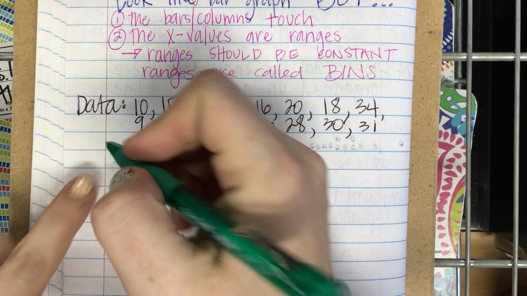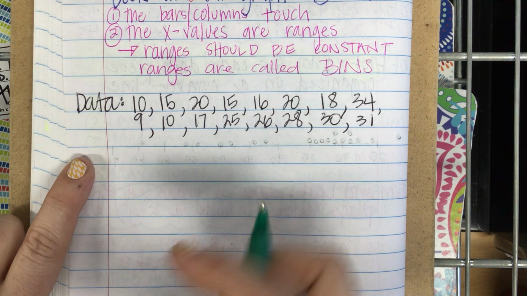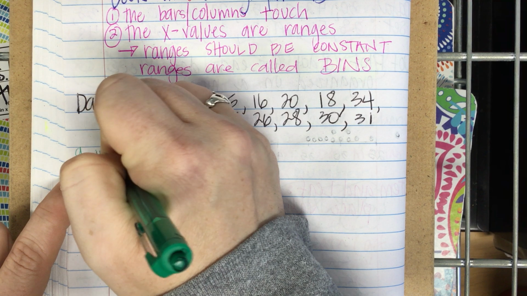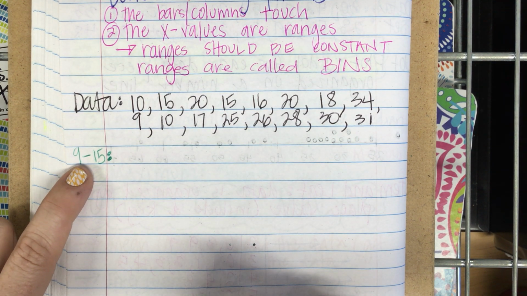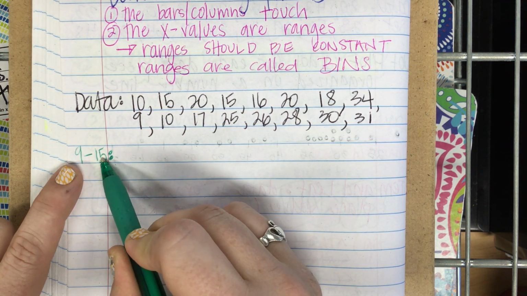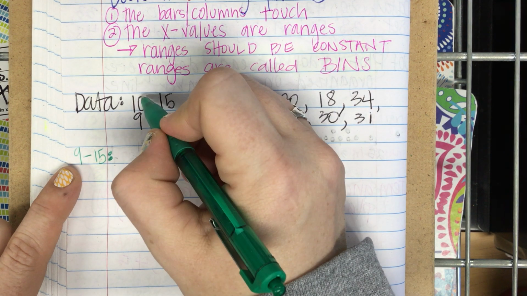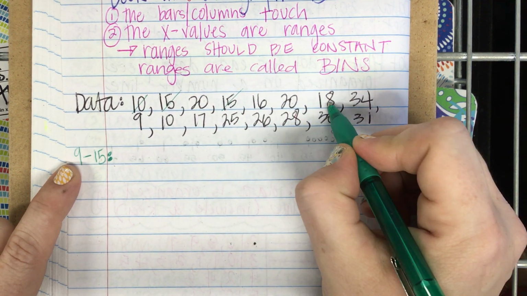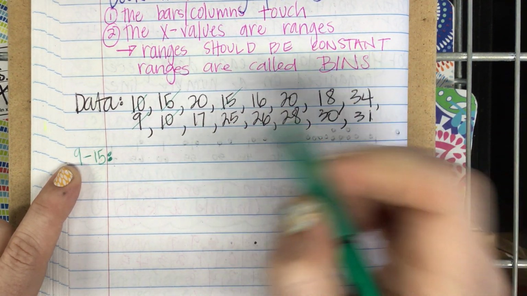Our first bin width, we're going to make a tally chart, is 9 to 15. So any data that falls in between 9 to 15, I'm going to tally it out up here. I'm going to mark its frequency. So I have 1, 2, 3, 4, 5 pieces of data.